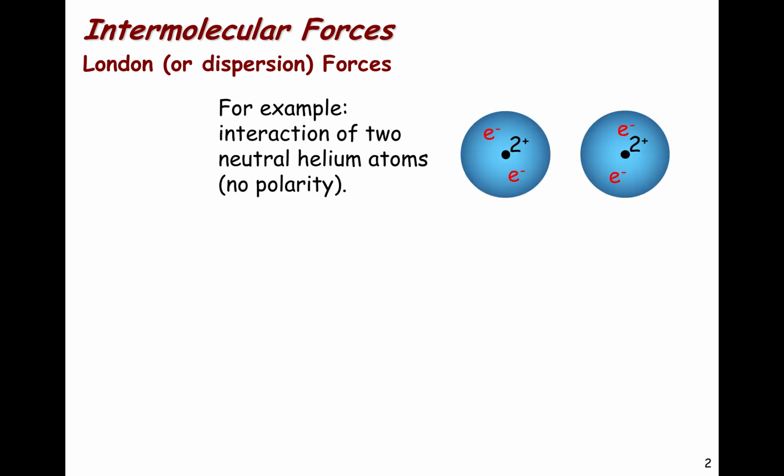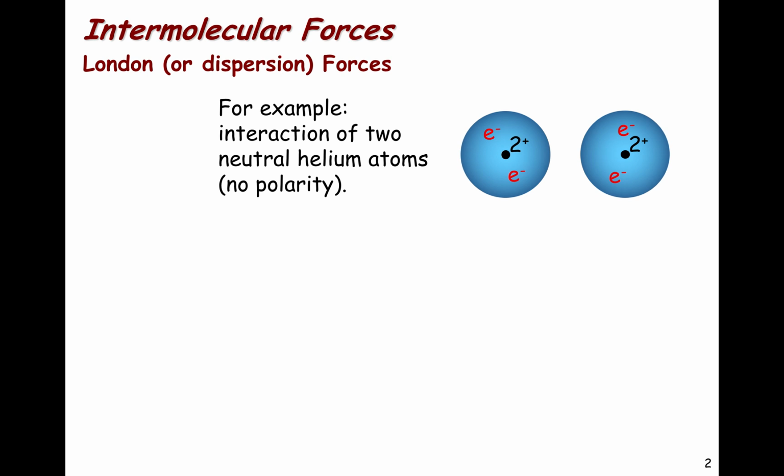In this slide, we can just try to describe how these temporary dipoles interact with one another. If we were to take two helium atoms that are in relatively close proximity to one another, an individual helium atom would have two protons in the nucleus and two electrons forming the electron cloud. Usually the negatively charged electrons will repel one another and try to be as far away from one another as possible.